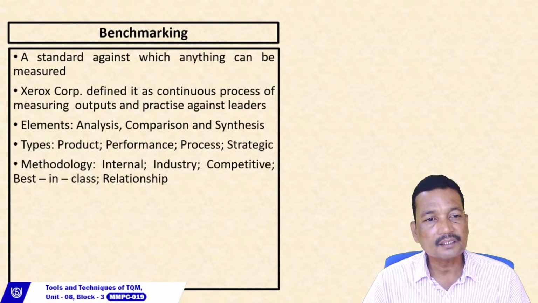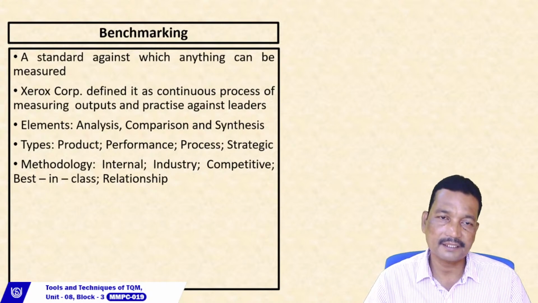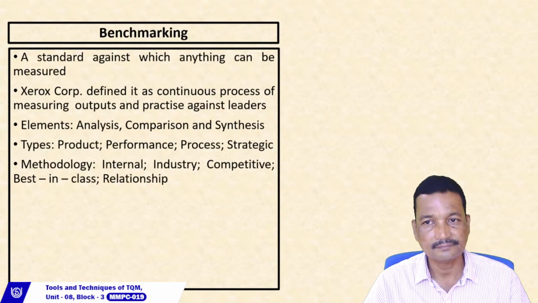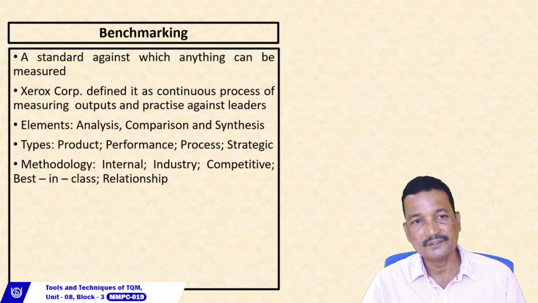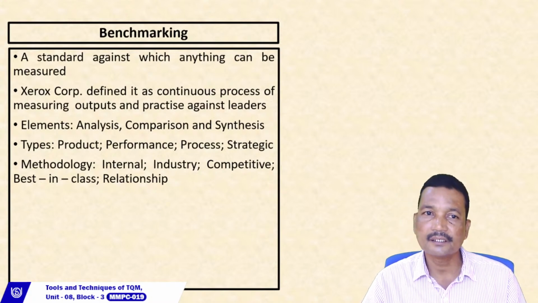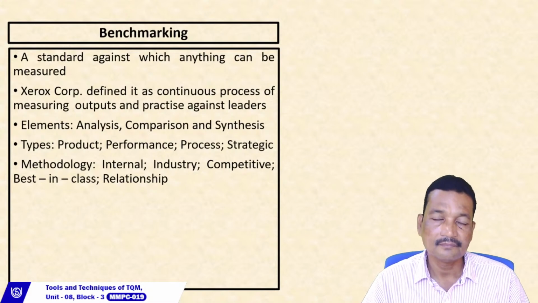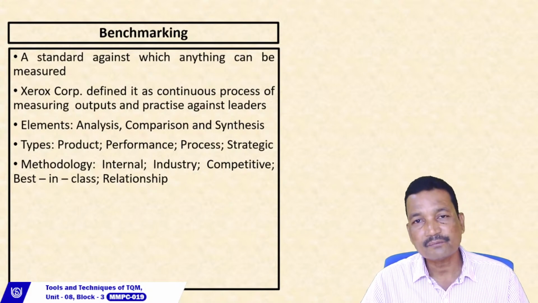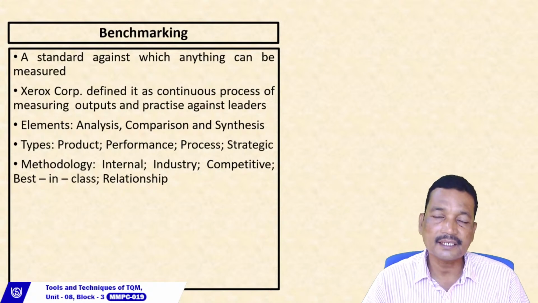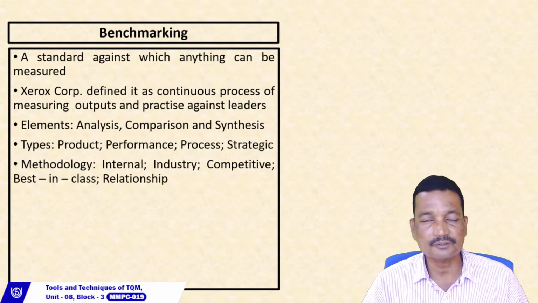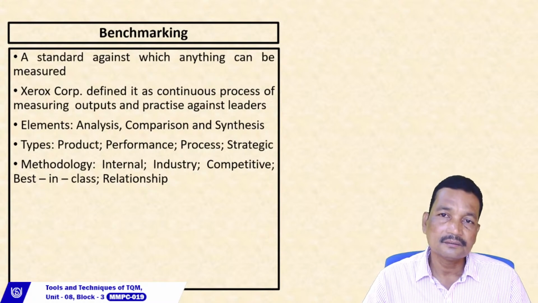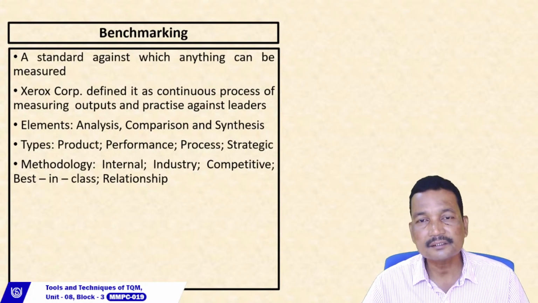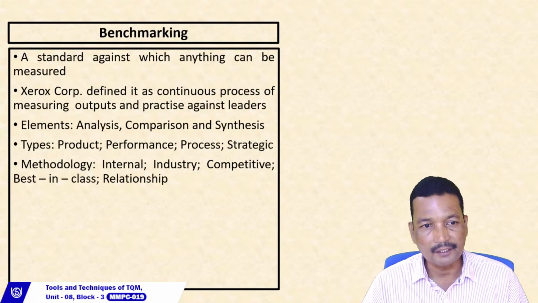Now, what are the types of benchmarking that we face? One is product benchmarking. Suppose we are manufacturing a certain kind of electronic device like mobile phones. Industry leader, suppose let us take it as the Apple phone.